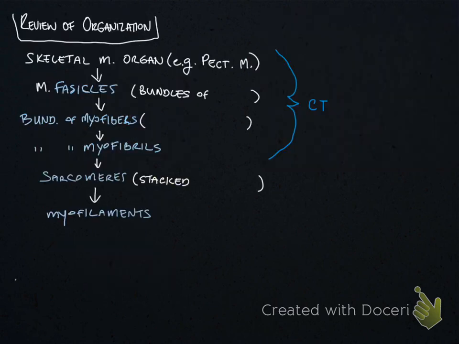Now this page in your notes just reviews the muscle tissue organization. Remember, we started out with the skeletal muscle organ. An example of that was the pectoralis muscle, or the deltoid.